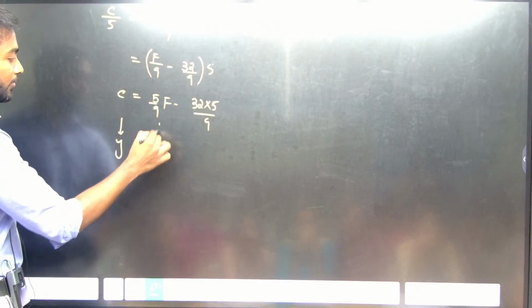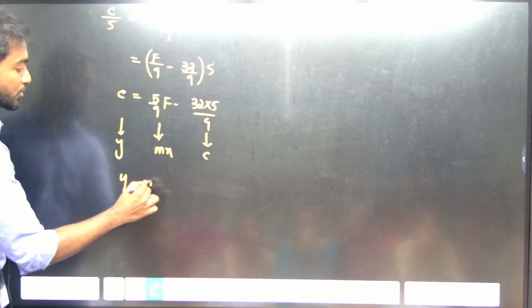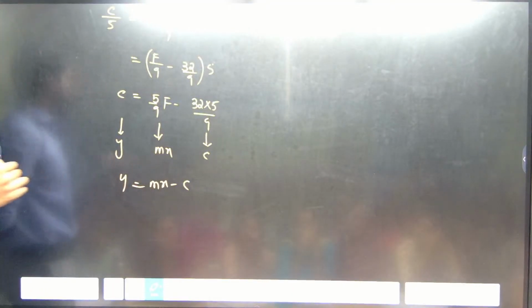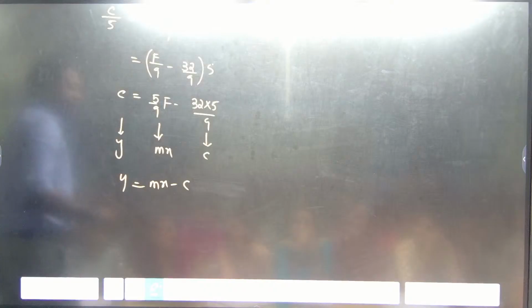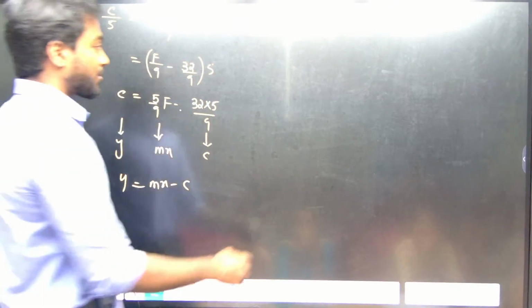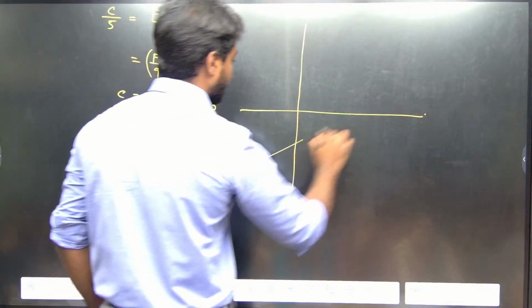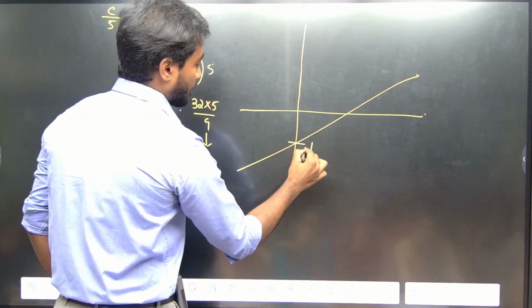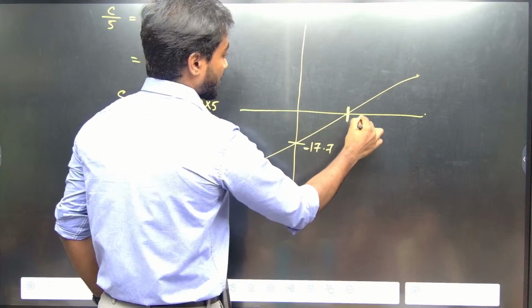y equals mx plus c? So y equals mx minus c, not plus c. The constant is minus here, so it is minus c. So the graph between the Fahrenheit and Celsius is like this: minus 17.7 and this is 32.